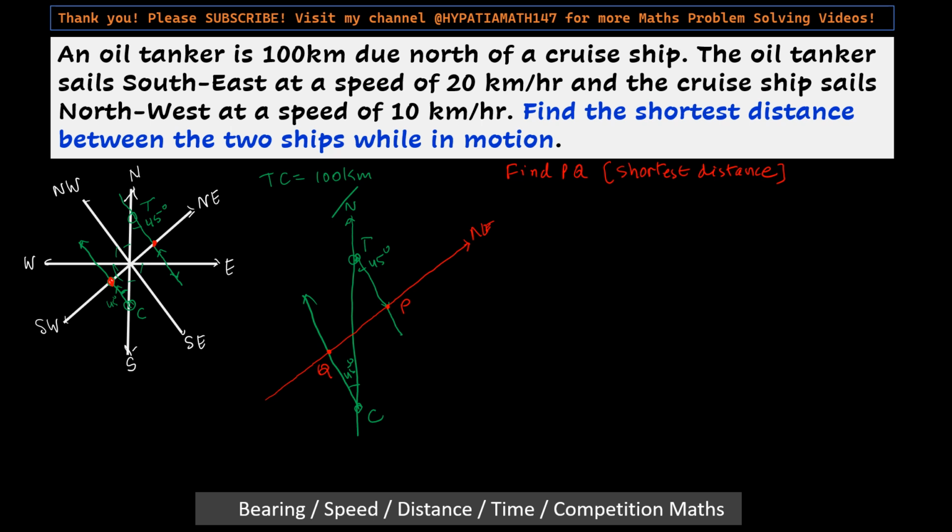So TP, and let me name this point as O. You see these triangles are right angled triangles: triangle TPO and triangle OQC are right angled.